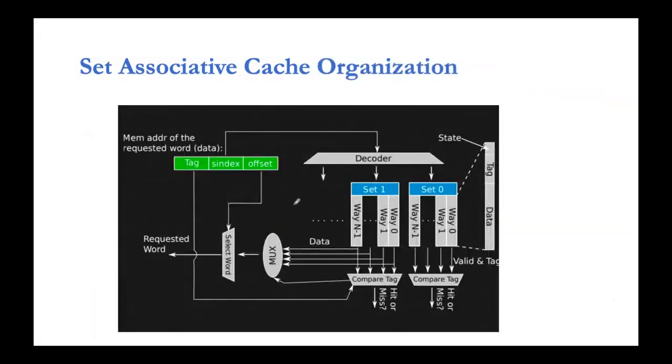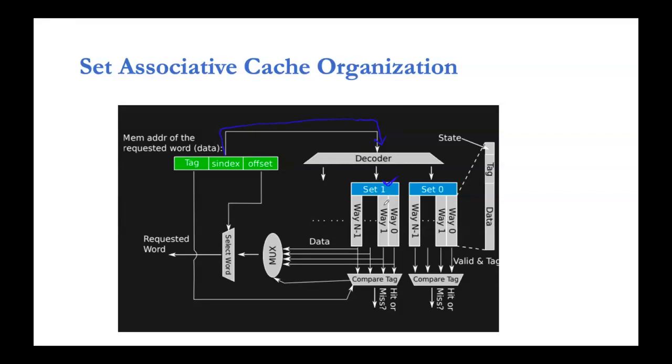So how does the set associative organization work? First, it is going to select the set. From this address, the set index bit will be given as an input to a decoder. From that decoder, it is going to select which set it will be. After the set is selected, from that set, it follows the fully associative mechanism.